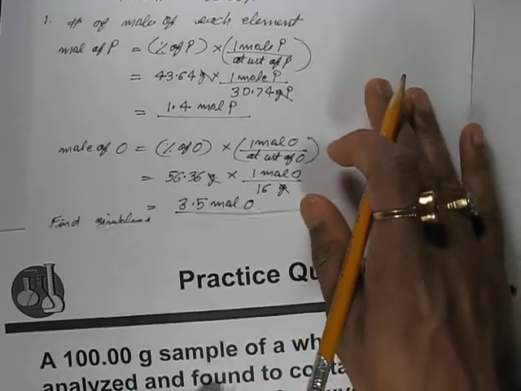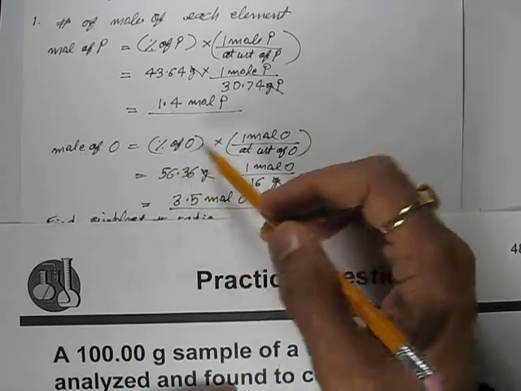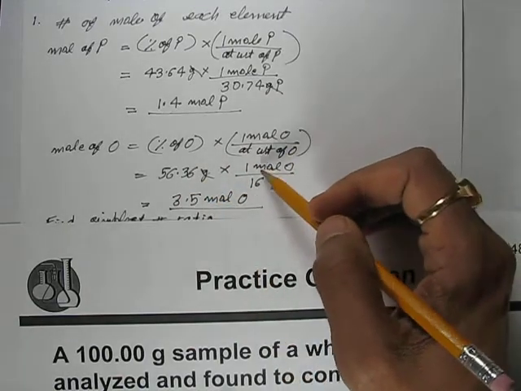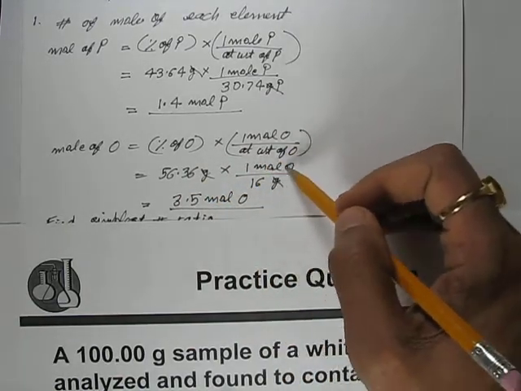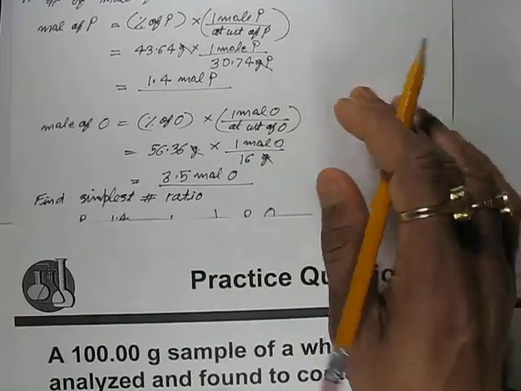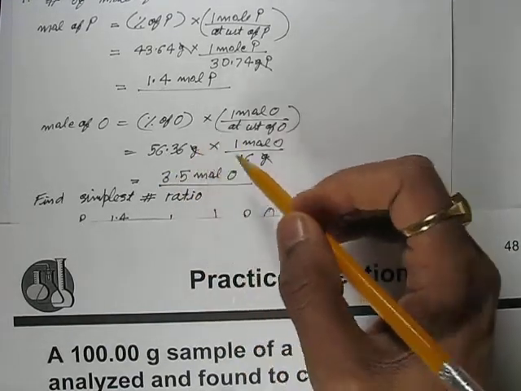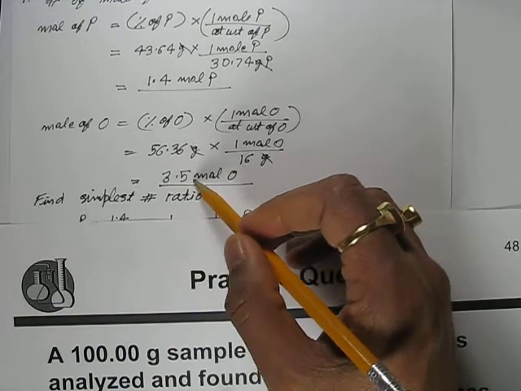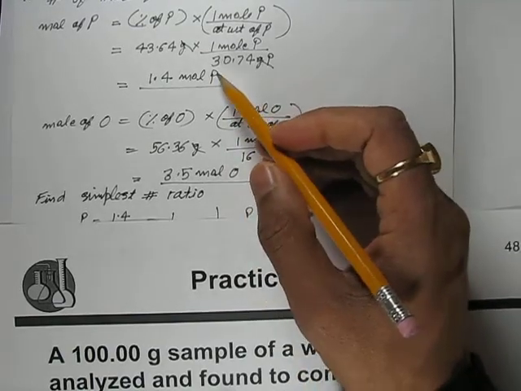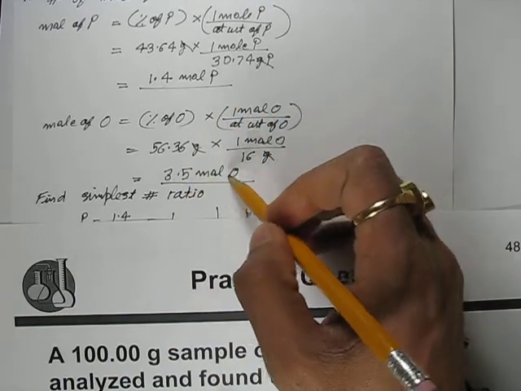Same way we have to find the number of moles of oxygen, which has a gram quantity of 56.36 gram, and then using the conversion of oxygen molar mass, which is 16, once we divide 56.36 by 16, it will come around 3.5 mole oxygen.